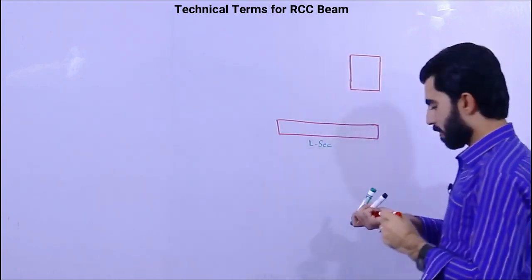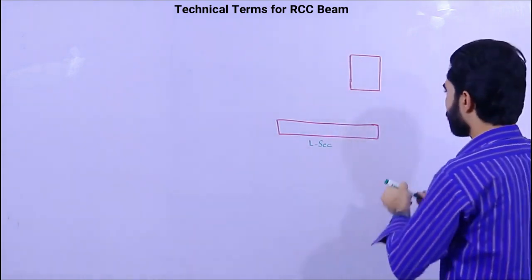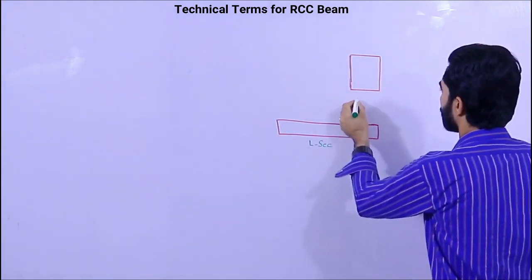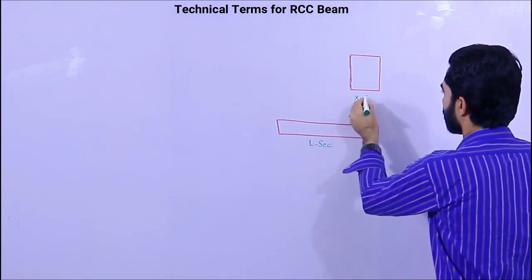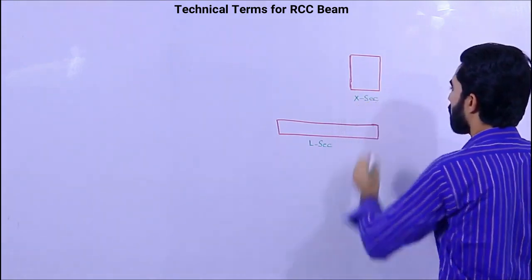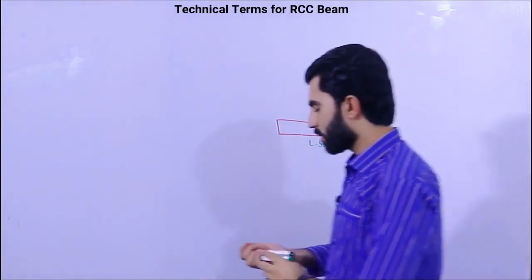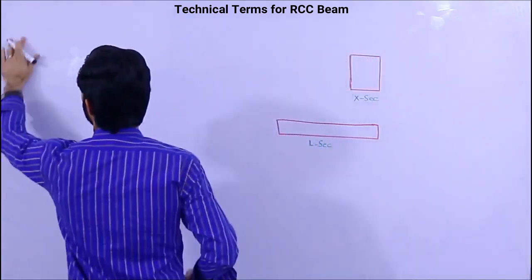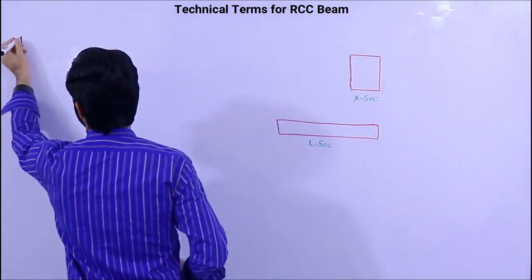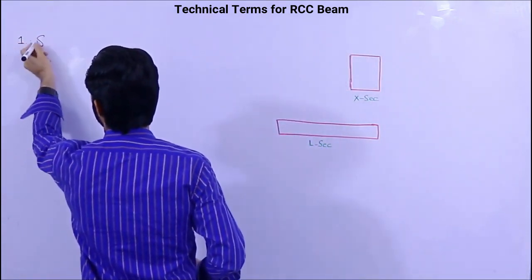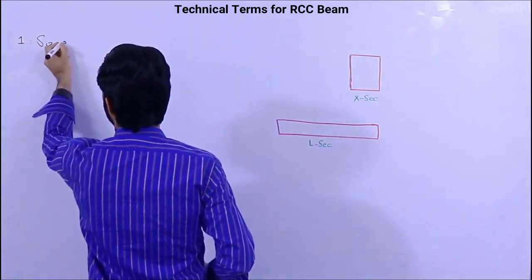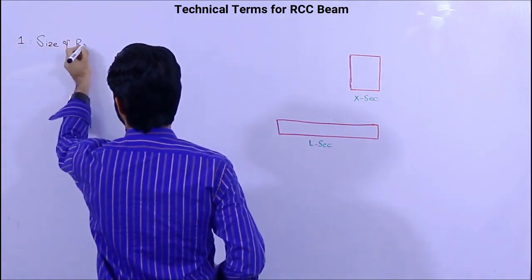Right, X section you can say. Now first of all I will discuss its size. The first term is the size of the beam.